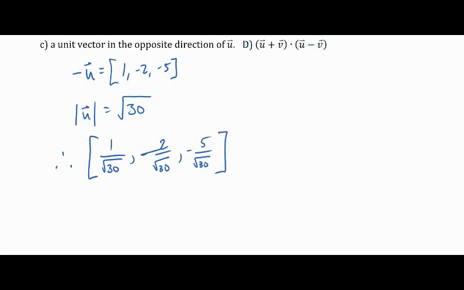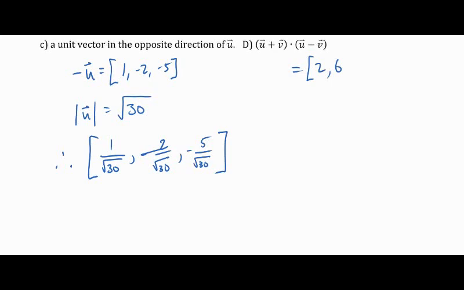Okay, bring that back. We'll do d over here. U plus v dot u minus v. So first of all, what is u plus v? So that's negative 1 plus 3, which is 2. 2 plus 4, which is 6.